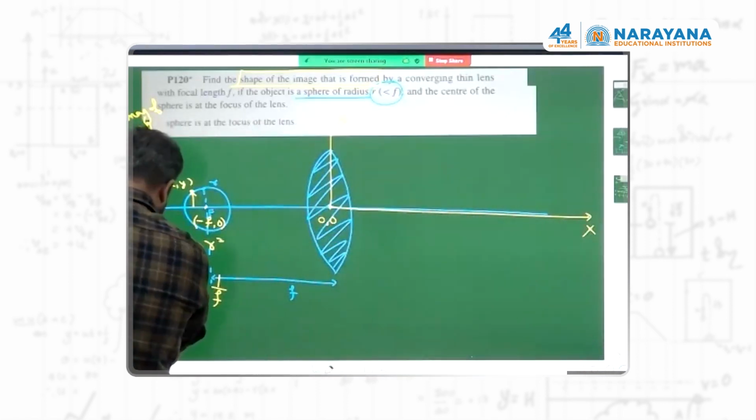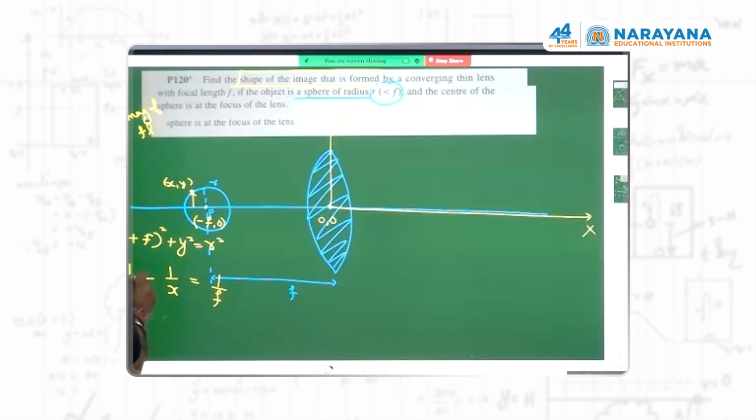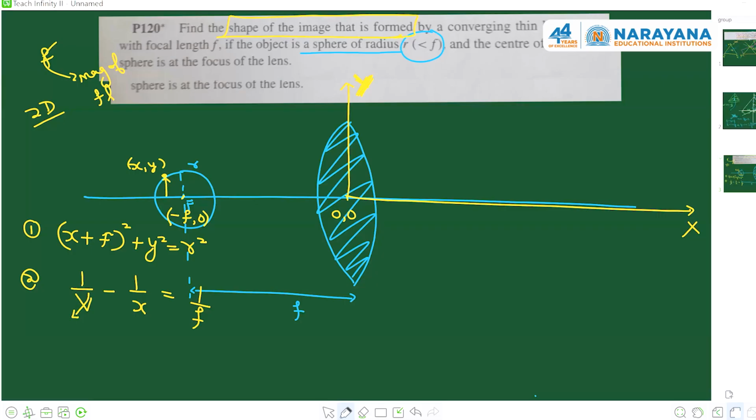That's the first equation. Remember, this v behaves as the x coordinate of the image for me. And indirectly, what I'm saying is 1 upon x image is 1 upon f plus 1 upon x. So your x image basically is f into x upon f plus x.